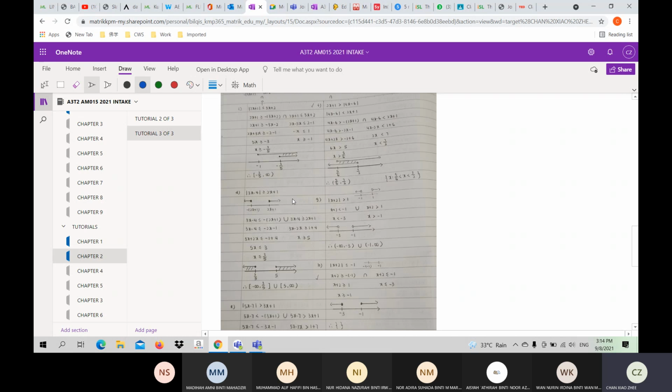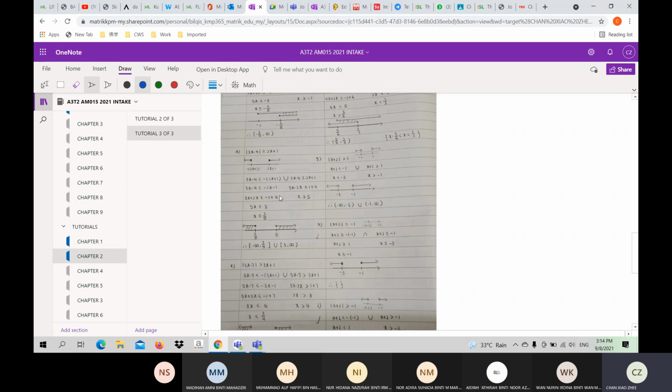Okay, question D. Absolute 3x minus 4 greater than or equals to 2x plus 1. 3x minus 4 smaller than or equals to negative 2x plus 1 union 3x minus 4 greater than or equals to 2x plus 1. 3x minus 4 will be smaller than or equals to negative 2x, negative 1.